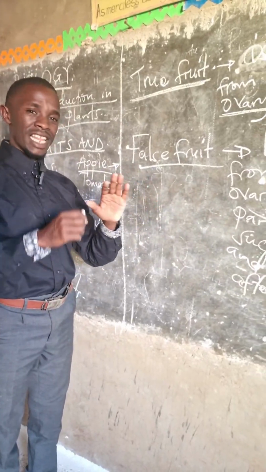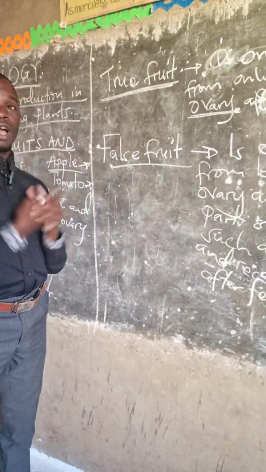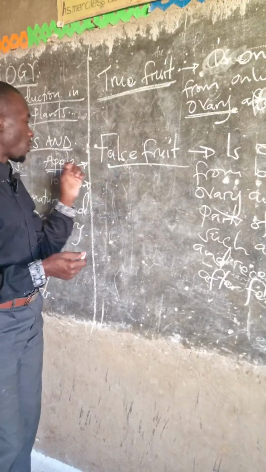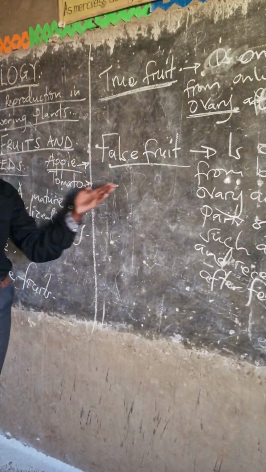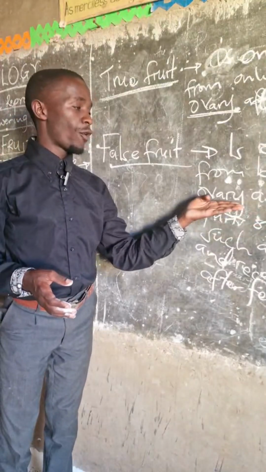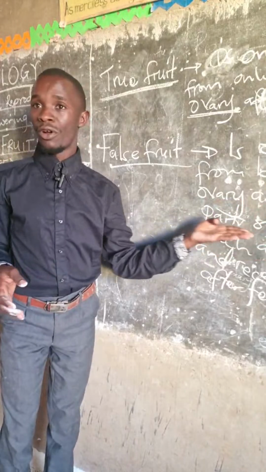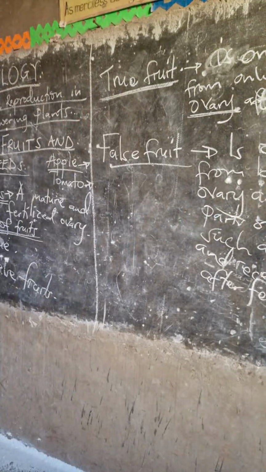The ovary is just that papery structure inside surrounding the seeds. So an apple is classified as a false fruit because it is not only formed from the ovary, but from other parts of the flower.